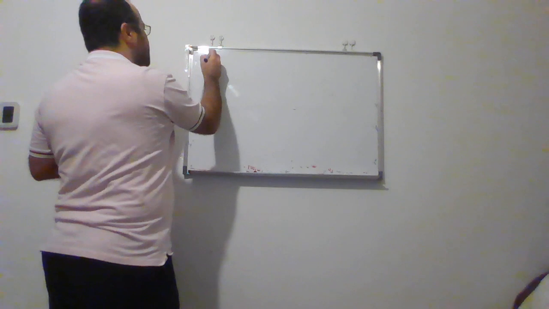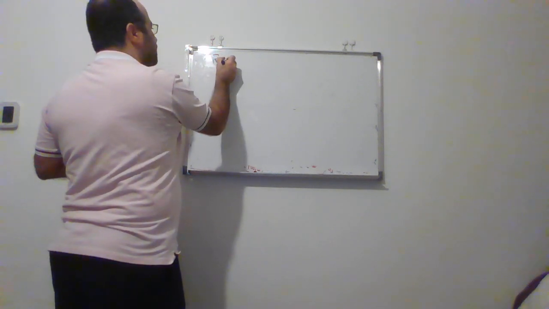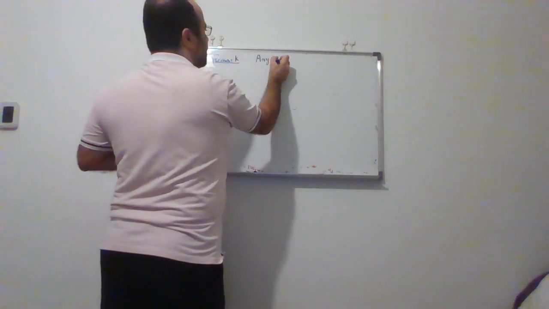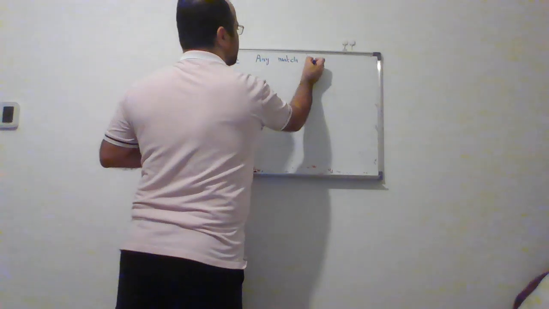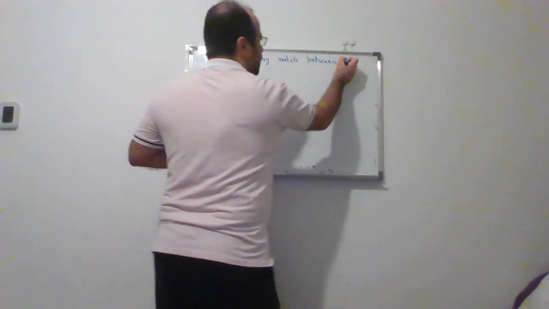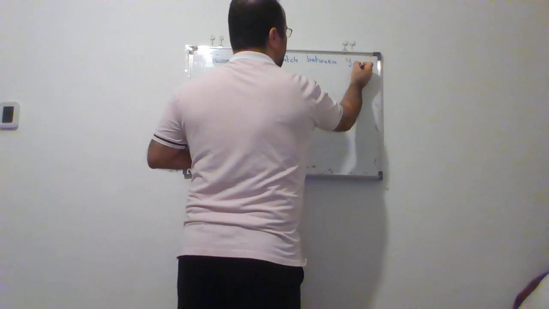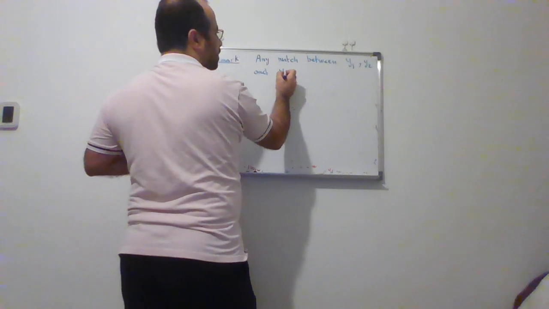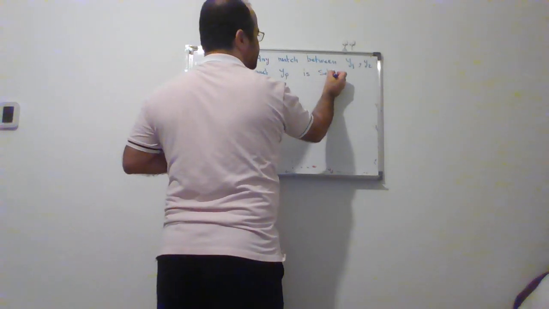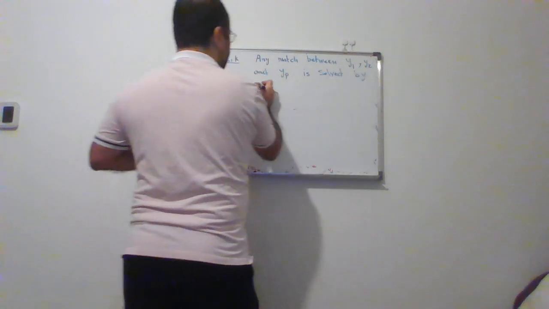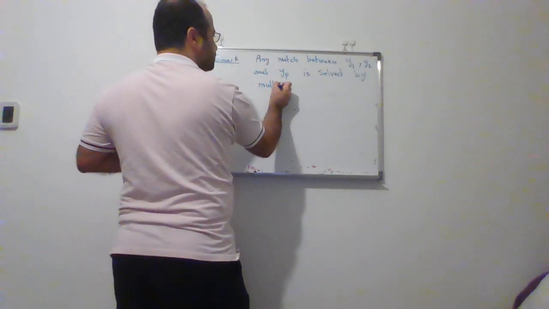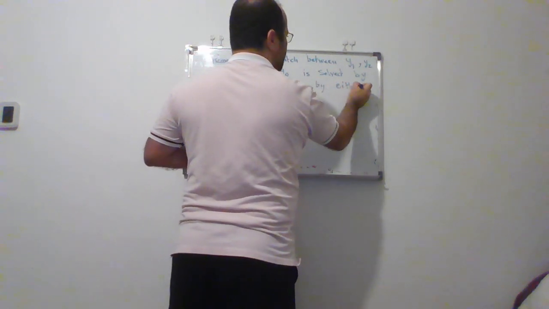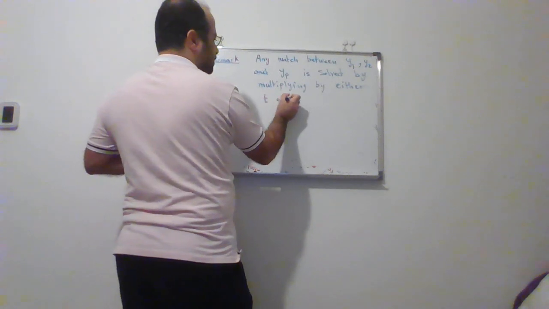Before going with that table, we have a remark that says if any match between y1, y2 and y particular is solved by multiplying by either t or t squared.